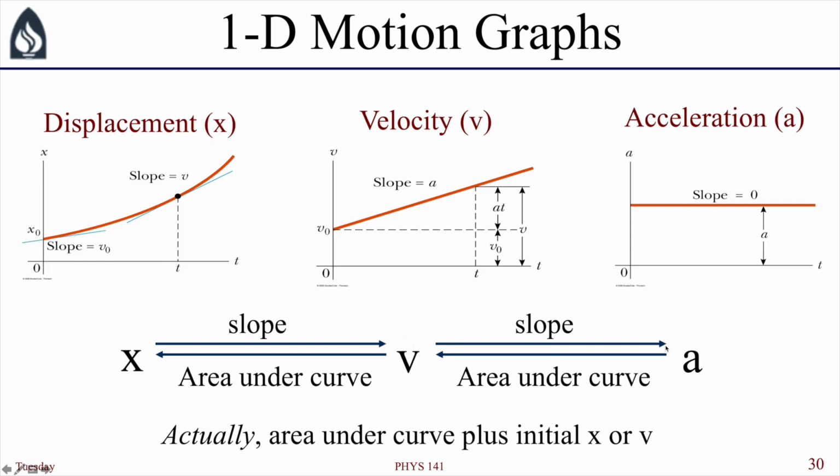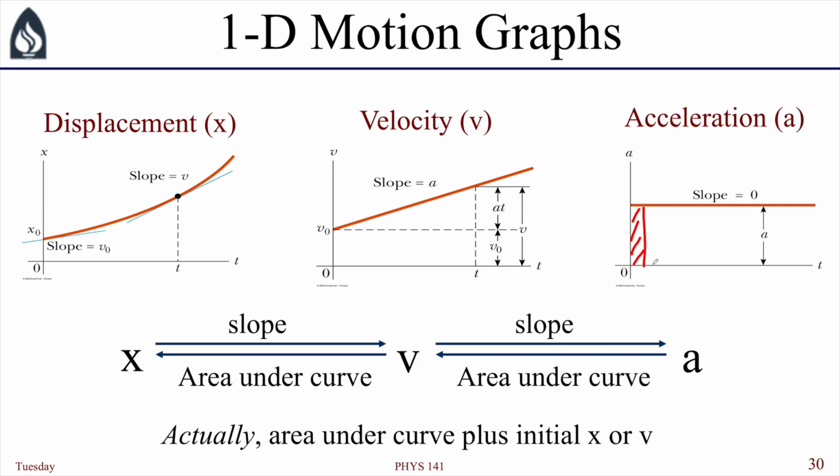We can work our way backwards too, actually, by looking at the area under the curve or line. So if we started out on the other side with our acceleration graph, and we considered some amount of time, let's say right here, if we look at the area under our acceleration graph at this instant of time, it would be this much.